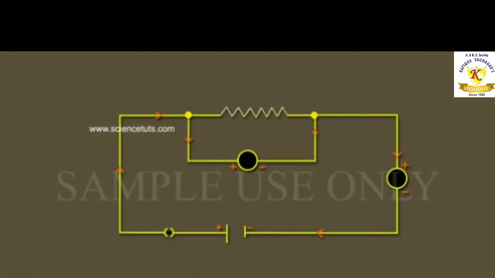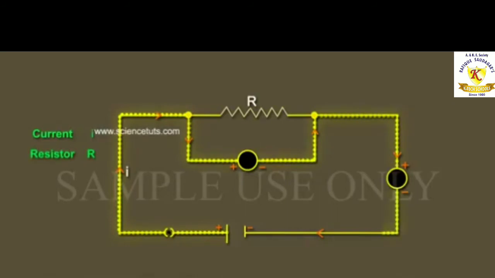Now consider a current I flowing through a resistor of resistance R, and the potential difference across it will be V. Let t be the time during which a charge Q flows across.